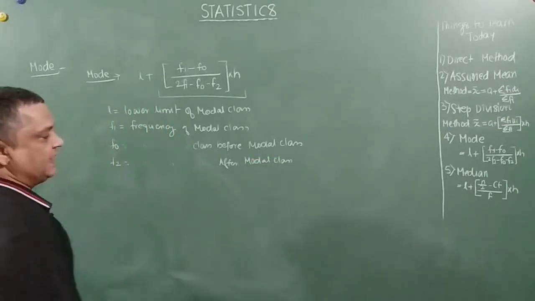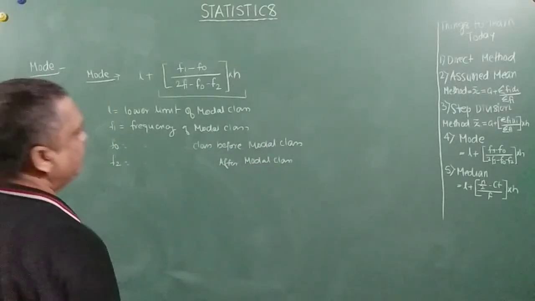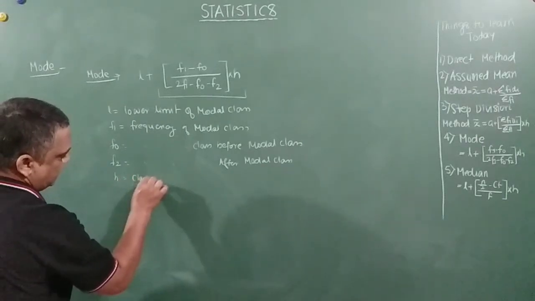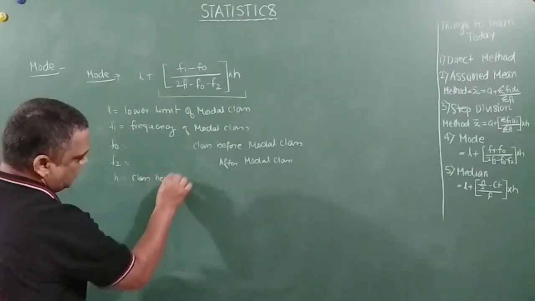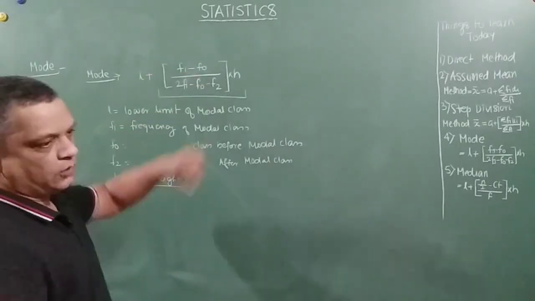This is called preceding and succeeding, but to make it simple, I am writing before and after, right? And H is nothing but the class width. So friends, this is all.